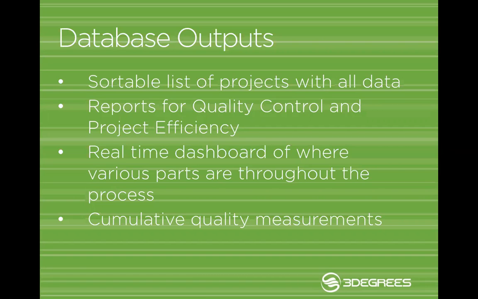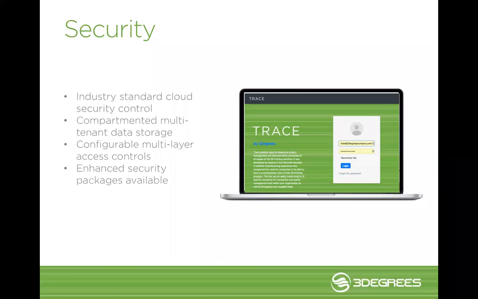You'd have a list of projects with all the data incorporated, easy reporting for quality control and project efficiency, a dashboard of where projects are and aren't throughout the entire process, and then cumulative quality measurements.